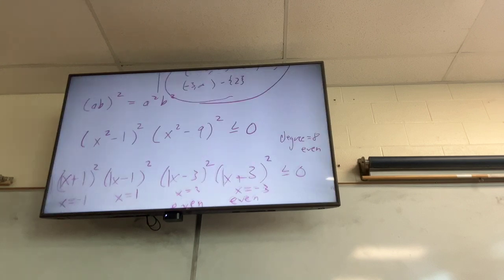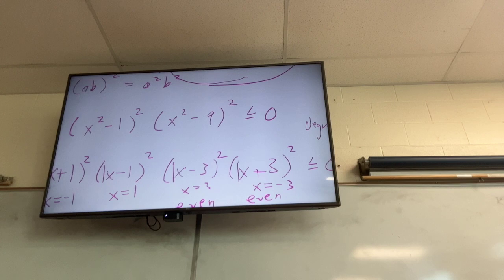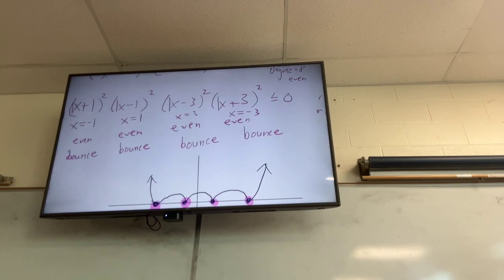Macy's point is, why not just take the square root and then it'll cancel the squares, and then we just have a 0 on the right side. I think it's really clever. But if you do that, it doesn't change the inequality, but it changes the graph, right? The 2's would all go away. They'd all become crosses, and that would change the graph.